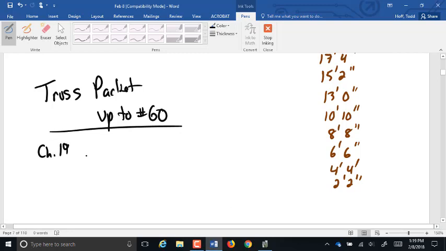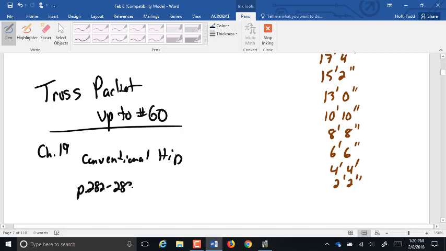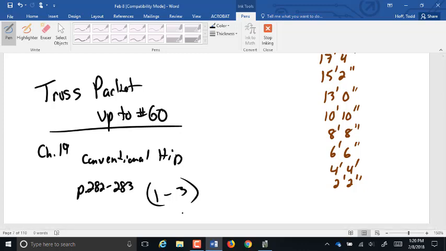That is the conventional hips. It starts on page 282, where it says review exercises. So page 282 through 283. There's just problems 1 through 3 to do there for review exercises. So I'll let you guys start working on those. I'll give you the quiz, and then we'll wrap her up.